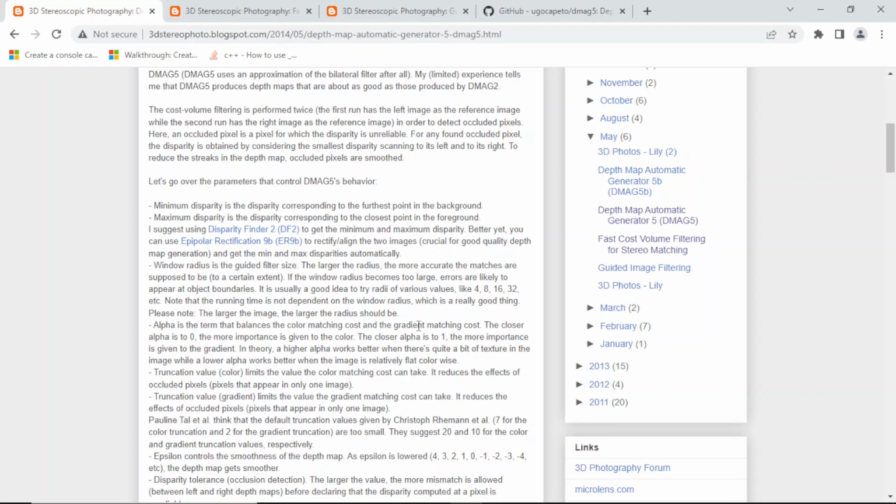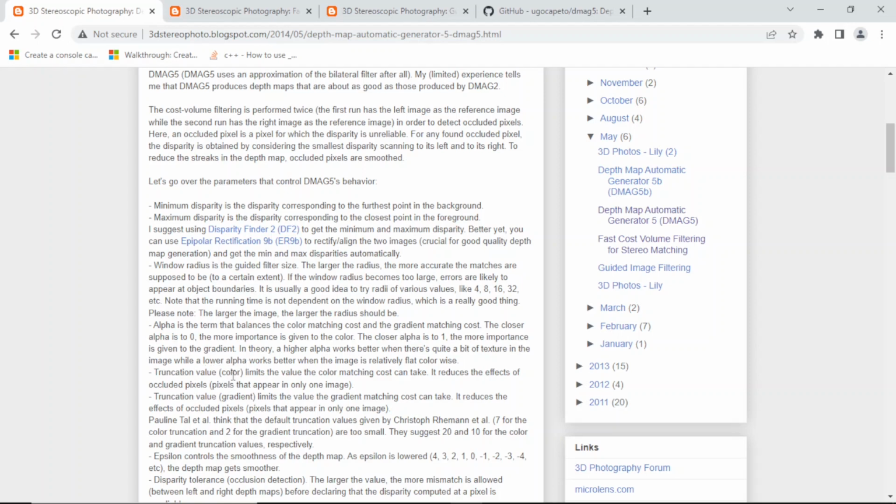That's why you have a gradient matching cost, and it doesn't really matter if you have illumination differences between the two images. So the default 0.9 works well, and I keep it that way.